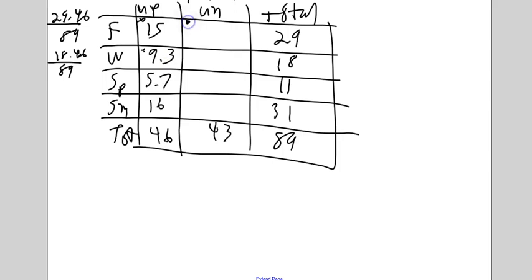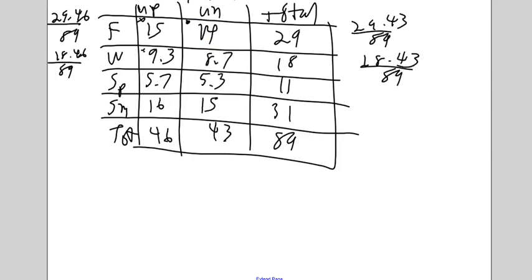For this one, it's going to be 29 times 43 divided by 89. So 29 times 43, enter, divided by 89. Then we get 14.011, so 14. Let's leave it at that. Now I'm going to hit pause and do the rest. If we look at the inside boxes, we're close.